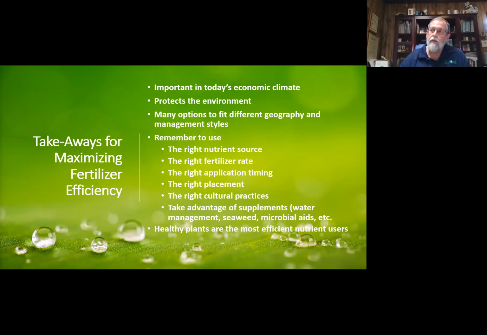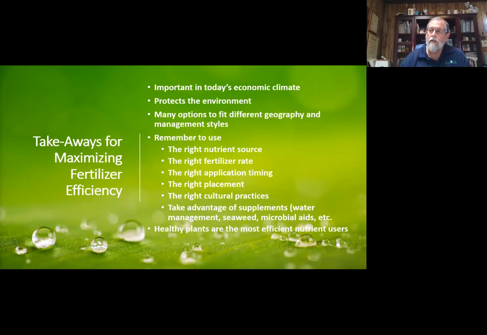So as we go in to design a program, we've got to remember we use the right nutrient source for our site. We use the right fertilizer rate for our site. We use the right application timing so that the roots take up all those nutrients. The right placement, so we use a liquid to get it into the root zone more efficiently, probably than a granular that has to be watered in. Use the right cultural practices like moisture management and taking care of our insects and diseases.